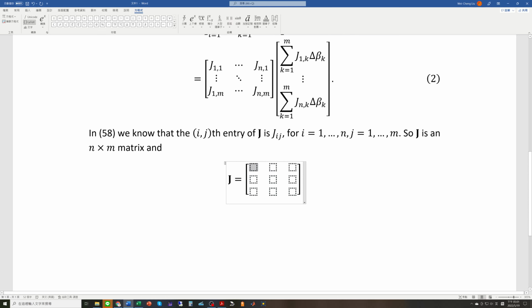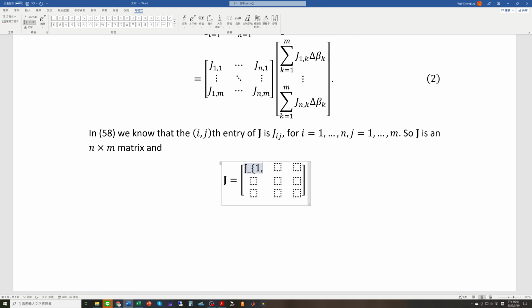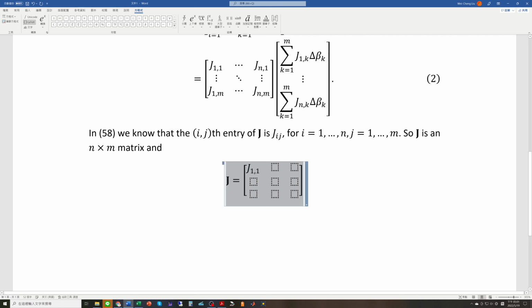For the first row, the first element is equal to J11, and the horizontal dots, and this element should be J1M.